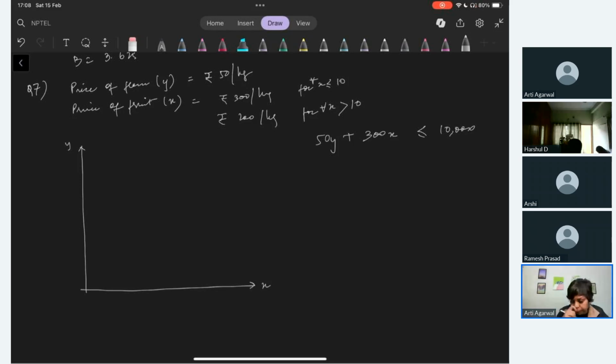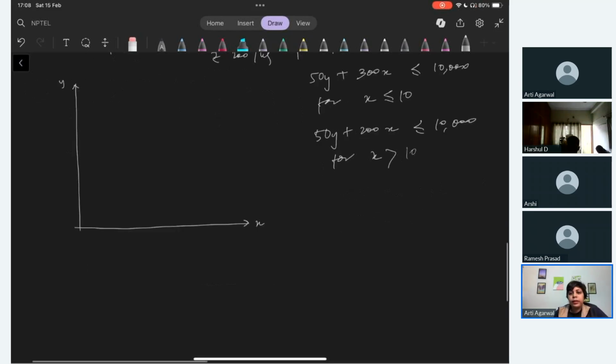You can write that somewhere, for x less than or equal to 10. And it's 50y plus 200x is less than or equal to 10,000 for x greater than 10. Okay, so this is the equation, right?